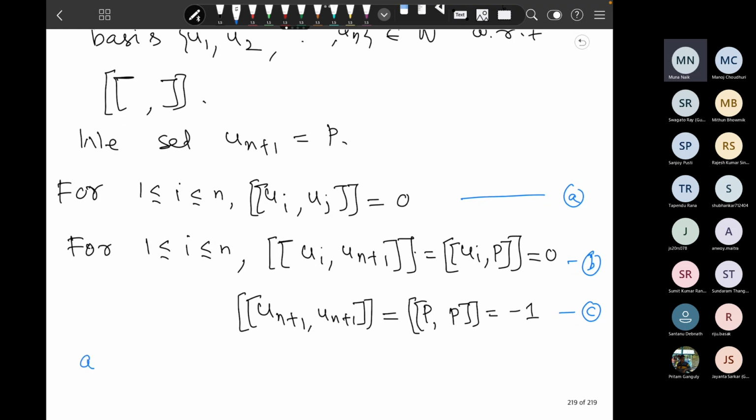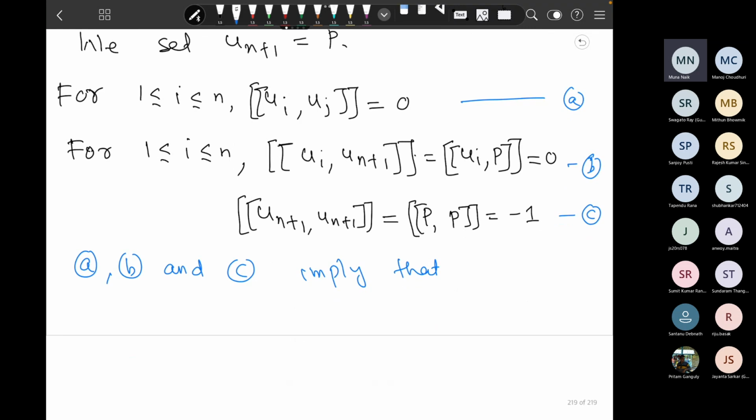So a, b, and c imply that the matrix T, if I take this matrix with columns u1, u2, ..., un+1, belongs to O(n,1). This is precisely the condition for which this matrix T, whose columns are u1, u2, ..., un+1, belongs to O(n,1) because of conditions a, b, c. Okay.